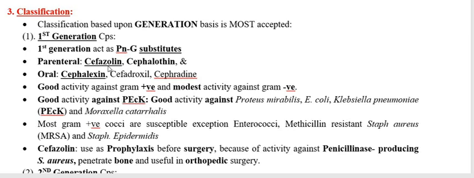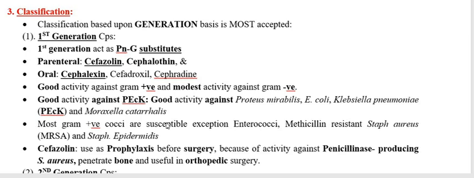The first generation drugs also have very good activity against some gram-negative bacteria, though not against Pseudomonas. You have to recall this by PEC: P for Proteus mirabilis, E for E. coli, and K for Klebsiella pneumoniae. So the first generation is active against PEC.